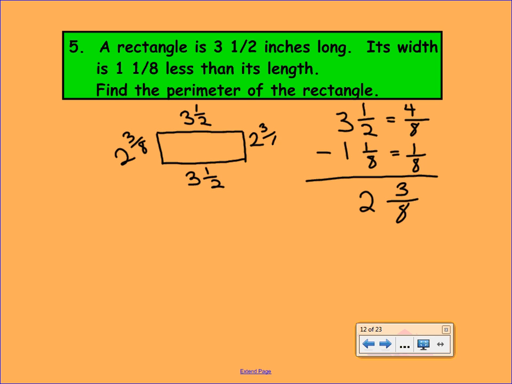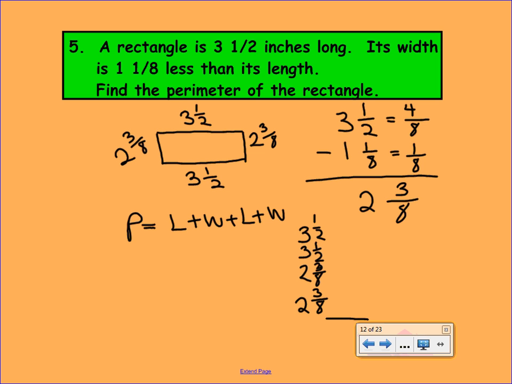Now, in order to find the perimeter, did you remember the formula for perimeter? Perimeter equals length plus width plus length plus width. And so we would add all four of those fractions, and I would take 3.5, 3.5, 2 and 3/8, and 2 and 3/8, and I'm going to add those.